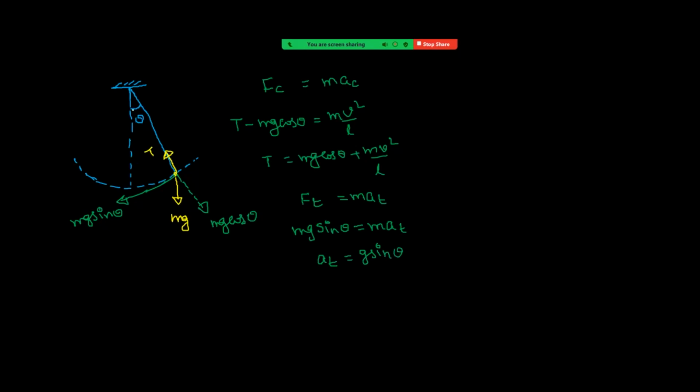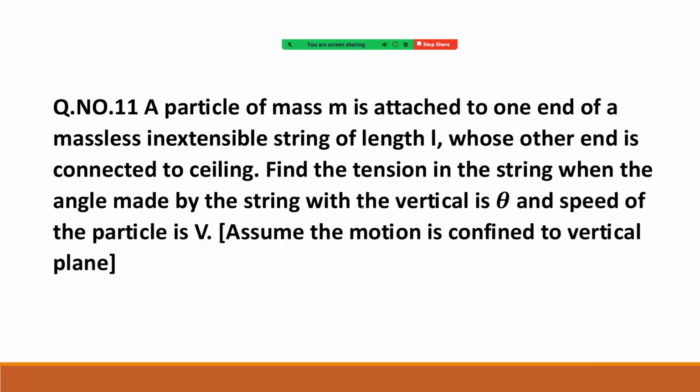That means when the string is moving towards the vertical, the tangential acceleration will decrease because sin theta will decrease, right? So write the force equation along the radius and the force equation along the tangent. It is just a matter of a free body diagram. Okay, let us see the next one.